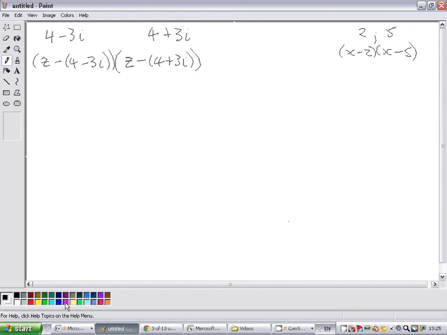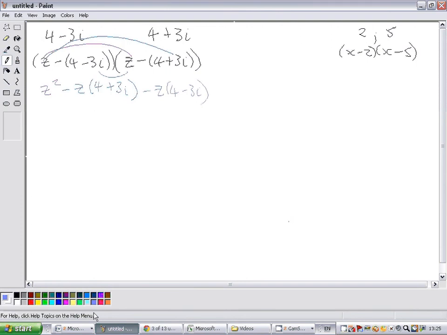I'll use some colours. So z times z is z squared. And then if I do this outside one, I'm going to have minus z times 4 plus 3i. Then if I do the inside one, I'm going to have minus z times 4 minus 3i.